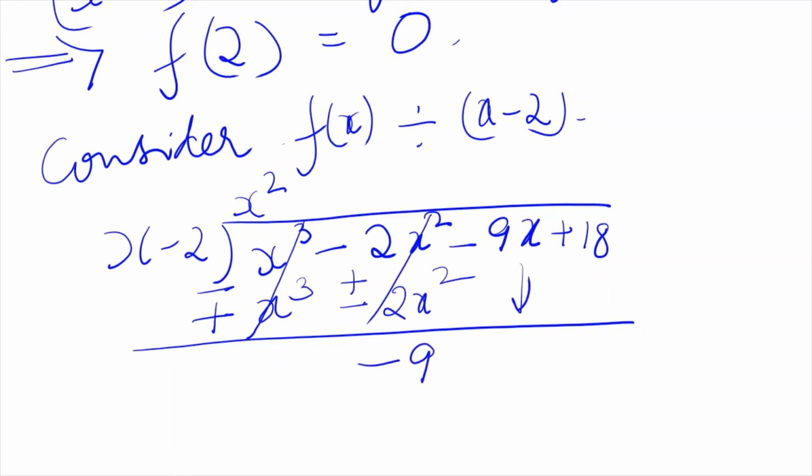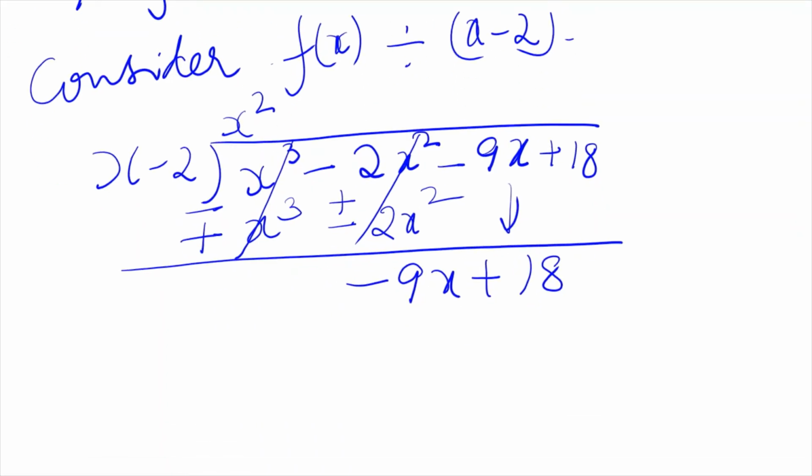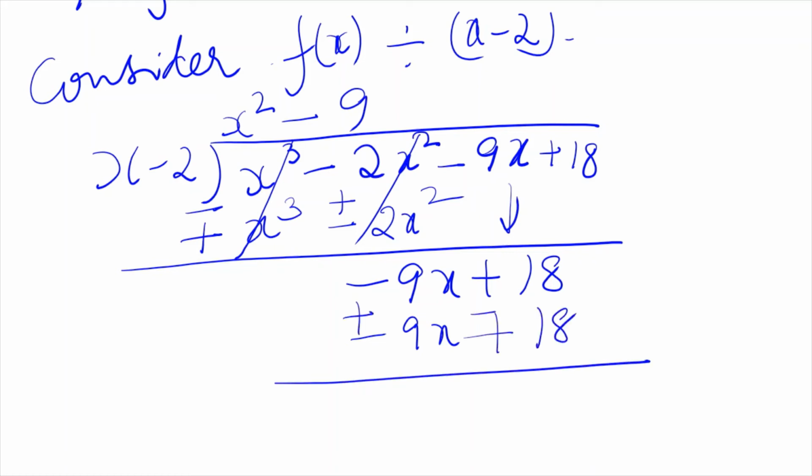Now you bring down minus 9x plus 18. So minus 9x divided by x will give you minus 9. So minus 9 into x is minus 9x, minus 9 into minus 2 is plus 18. So now change the signs, it will get cancelled. Okay, so that means now if you multiply the divisor and the quotient, you will get the dividend, right?